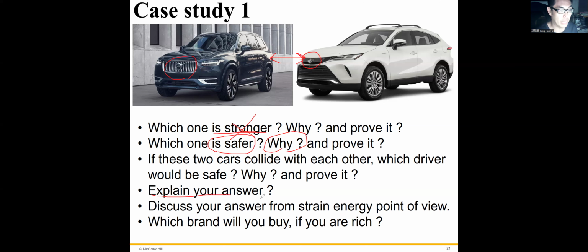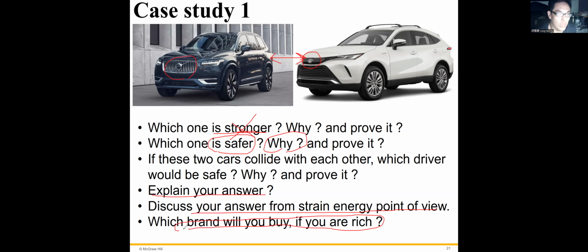Explain your answer, and you can discuss it from the strain energy point of view. Anyway, it's not a real question related to our course. I just want to trigger your interest. So which one is safer for the driver and passengers?